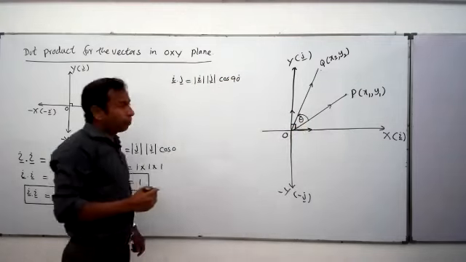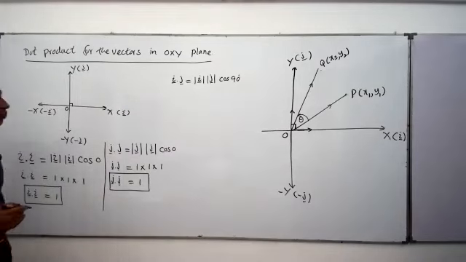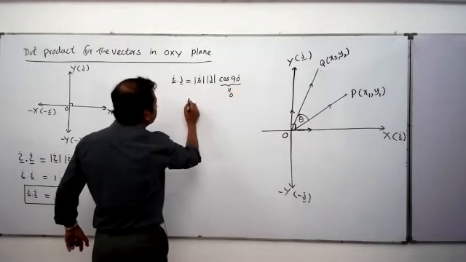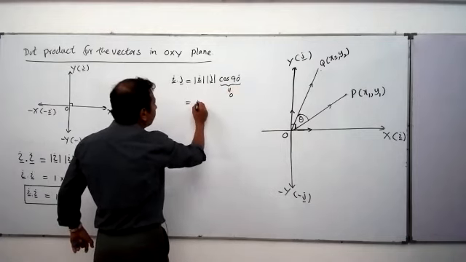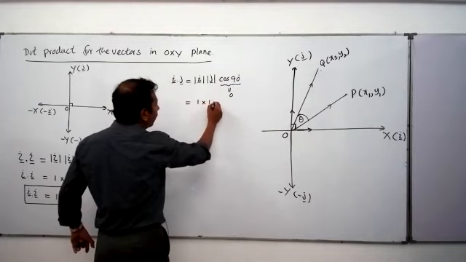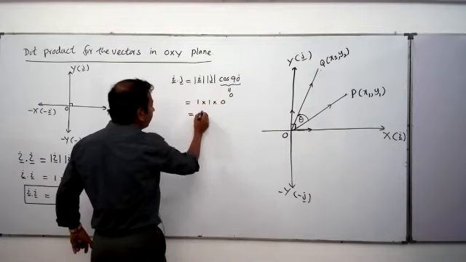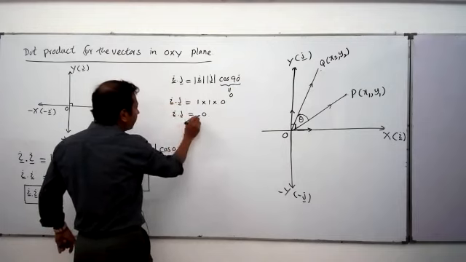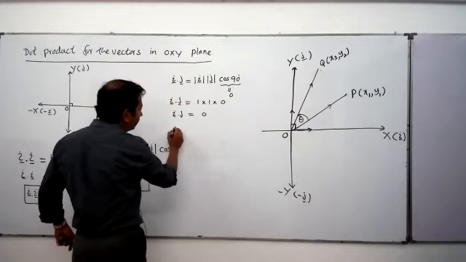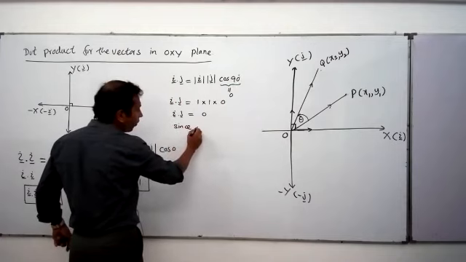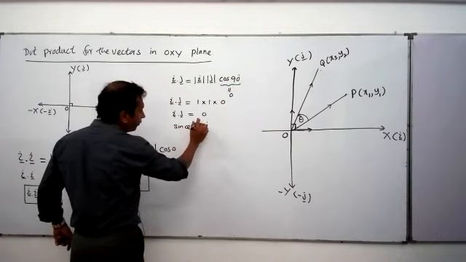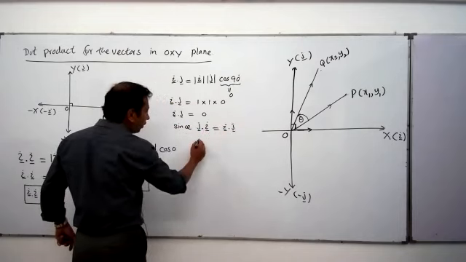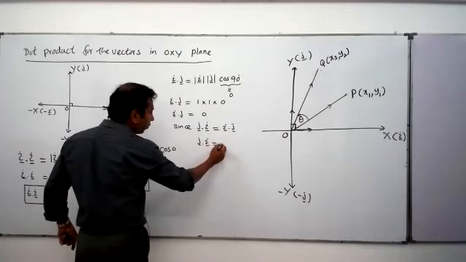The i vector modulus is 1, the j vector modulus is also 1, and cos 90 is 0. So i dot j is 0. Since j dot i is equal to i dot j, j dot i is also 0.